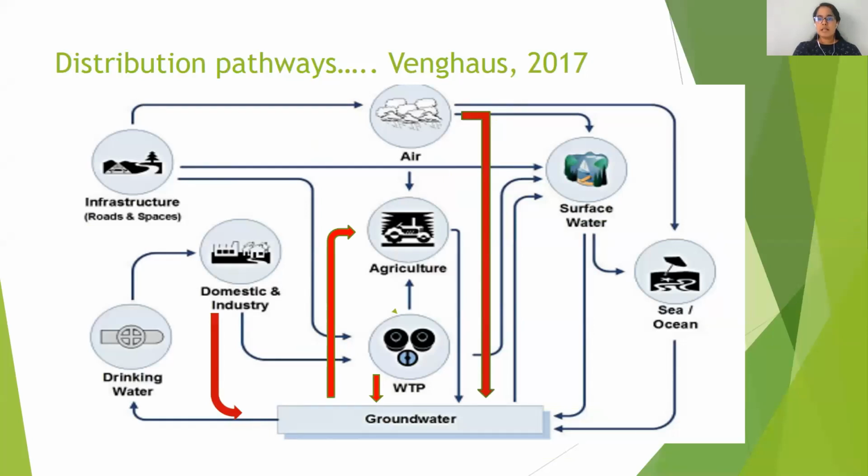So looking at another study, this diagram is taken from the study, but I've added a few extra arrows in. So we know that there could be potential distribution pathways from the atmosphere directly to groundwater. There's also groundwater: if there's microplastics in the groundwater and we're using it for agriculture, so there's a direct source.